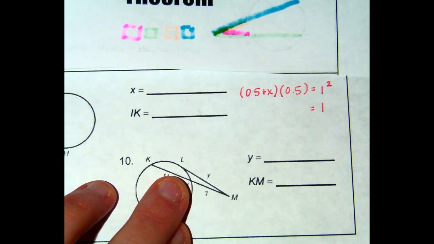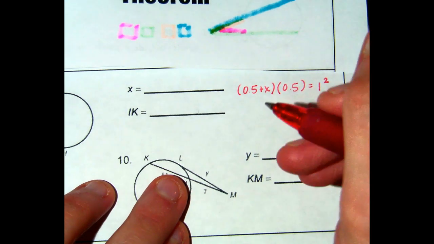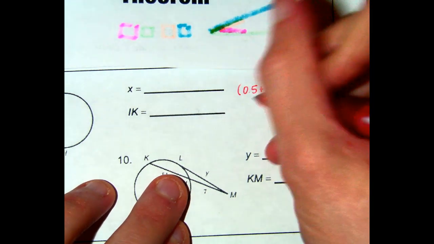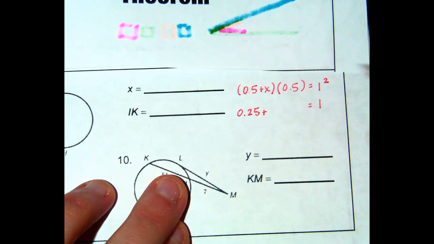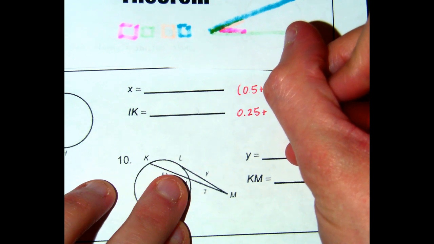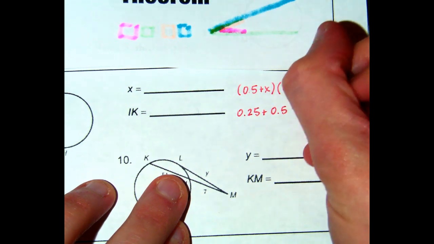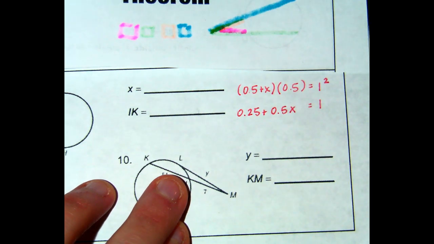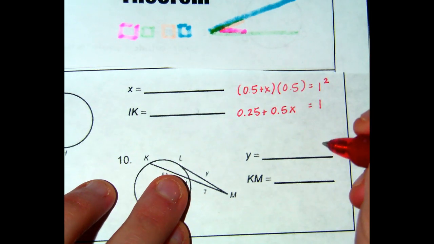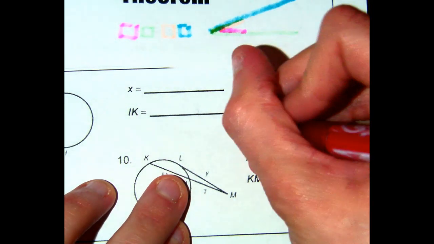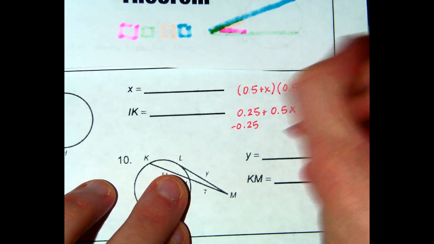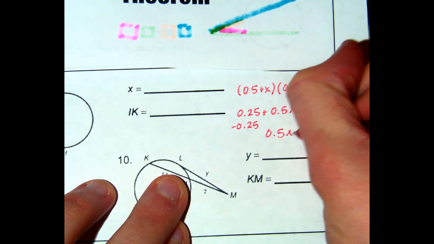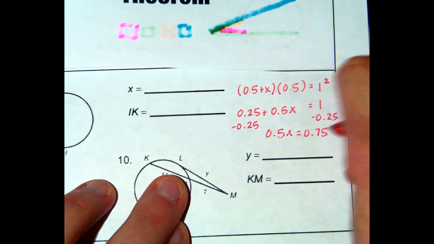Now, I need to distribute that 0.5. What's 0.5 times 0.5? 0.25. Plus, what's 0.5 times x? Okay. Now, subtract 0.25. And you're going to get, so 0.5x equals 0.75.